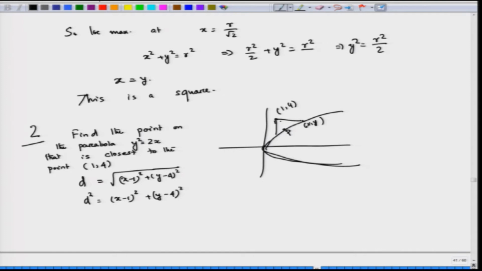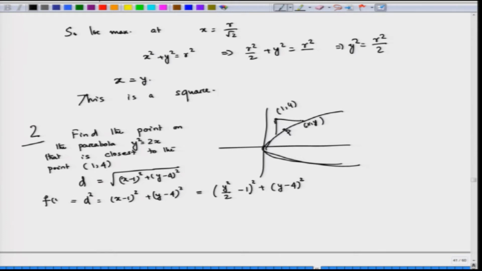Now, I have y square is equal to 2x. Therefore, x is equal to y square by 2. So, I can write this as (y square by 2 minus 1) square plus (y minus 4) square. Now, this is a function of y.